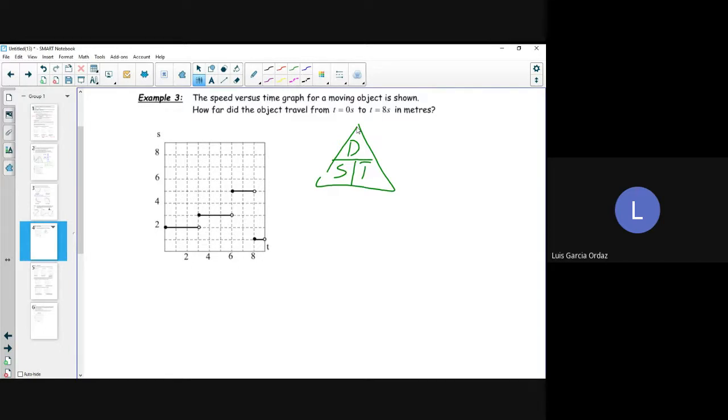So in order to find the amount traveled, what are we going to do with each line segment? So we have segment 1, segment 2, segment 3.